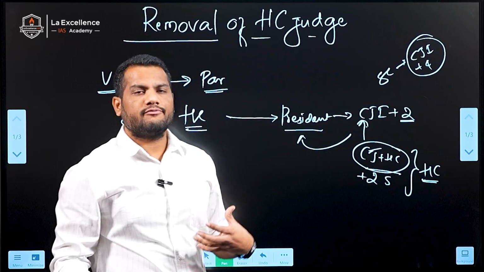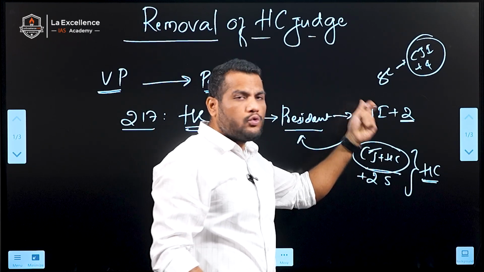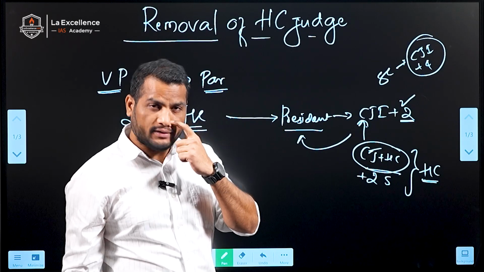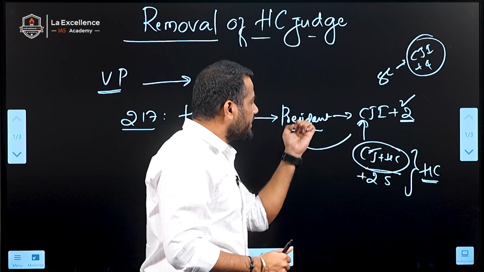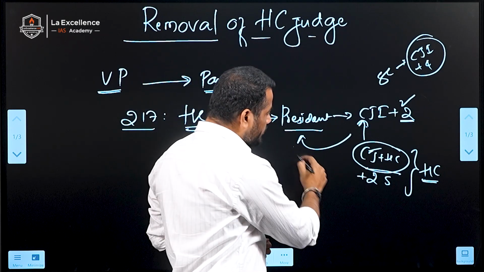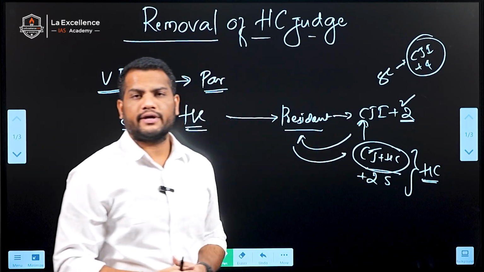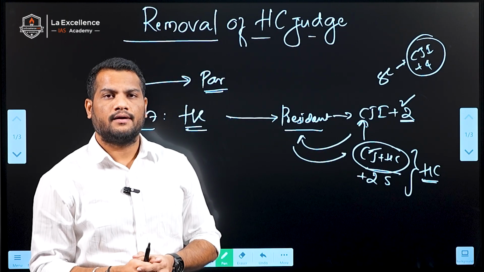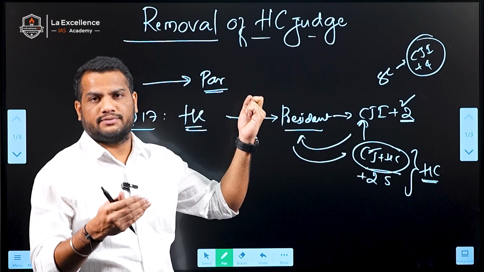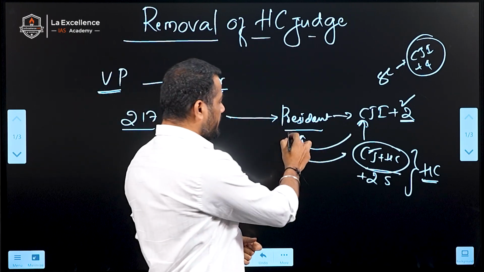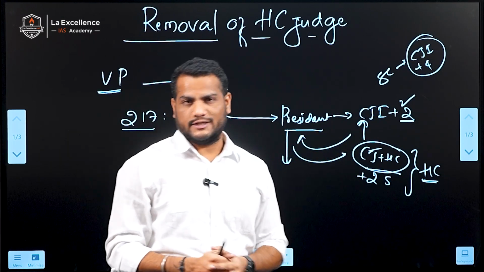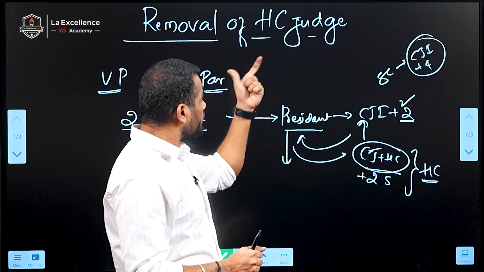But in the appointment of a High Court judge, the CJI consults only 2 senior most judges of the Supreme Court. After the name is recommended, the President can send those names back for reconsideration. But if the judiciary resends those names, the President is bound to appoint them as High Court judges. This is the appointment of a High Court judge.